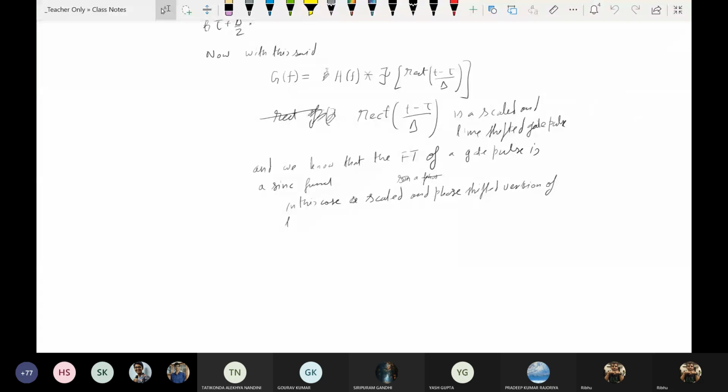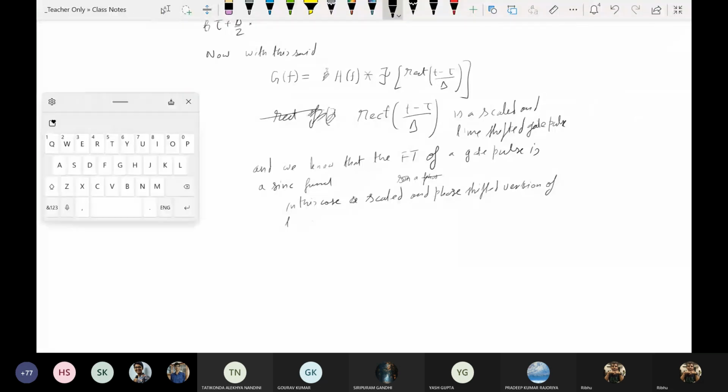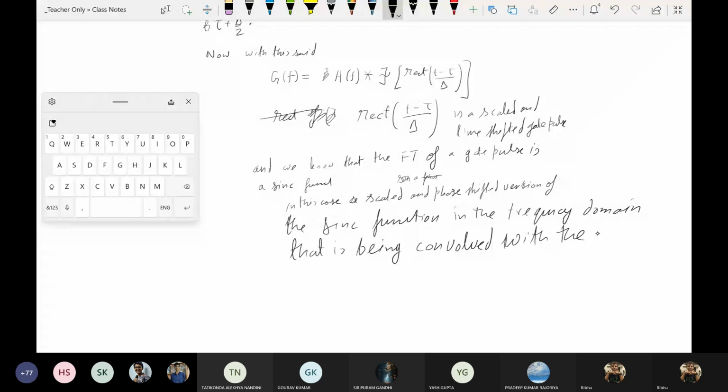So we have a scaled and phase shifted version of the sinc function in the frequency domain that is being convolved with the Fourier transform of h(t).